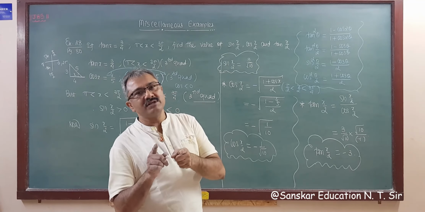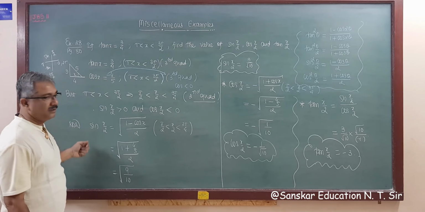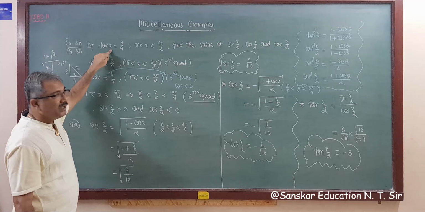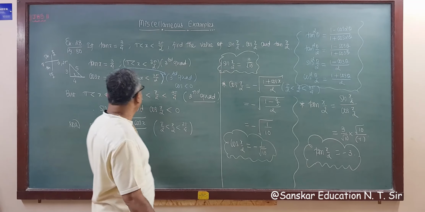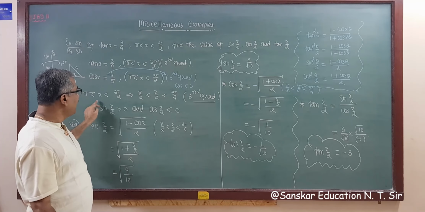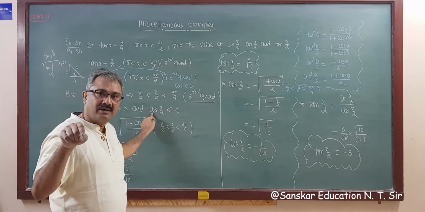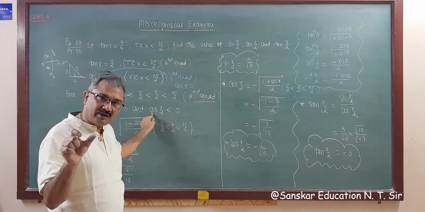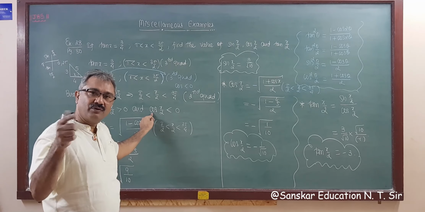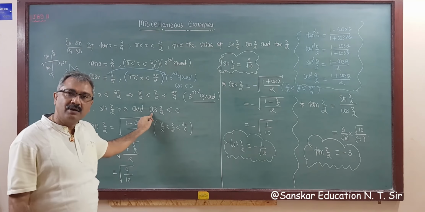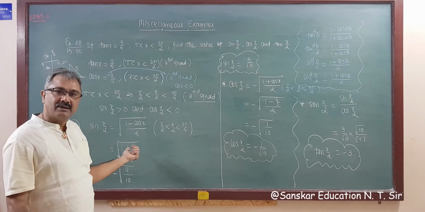So it is important for you to remember this formula, and this is the method, right? Given the full angle x, we require the half angle, meaning we have to divide by 2, and after dividing you have to decide in which quadrant theta is lying. In first quadrant all are positive, second sin and cosec, third tan and cot, and fourth cos and sec are positive, all others are negative. According to that you have to decide the sign of this. Okay, thank you.